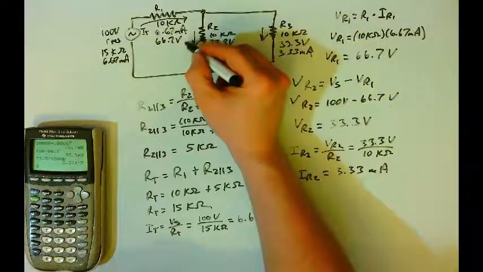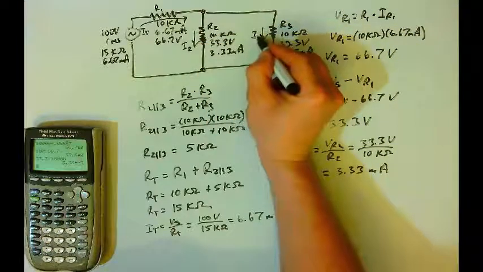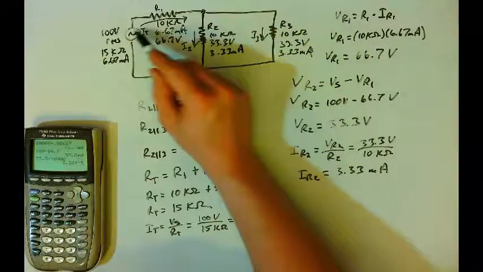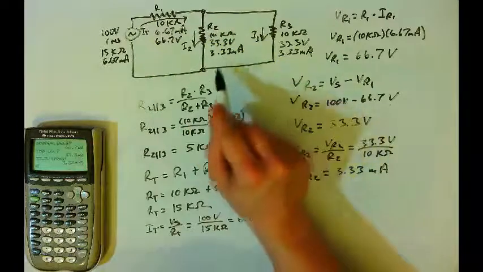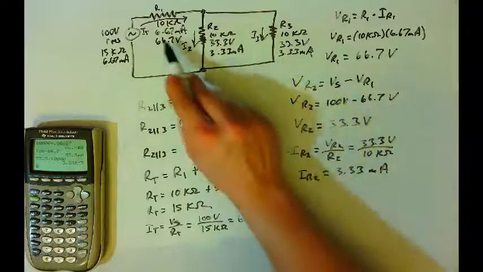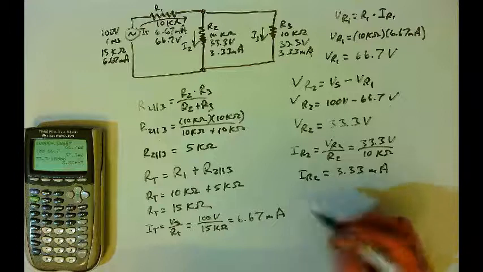And so this will be I2, this will be I3. I2 and I3 should sum up to give us the current through R1. And so 3.33 plus 3.33 is 6.66, and so minus a little bit of rounding error, that is in fact the case. The last step maybe would be to look at some of the powers.